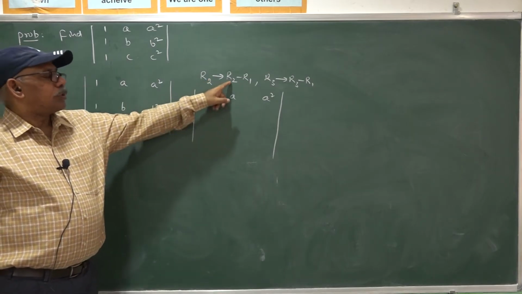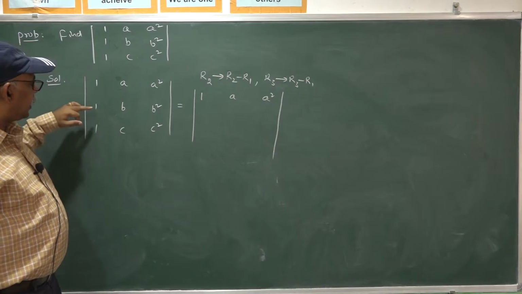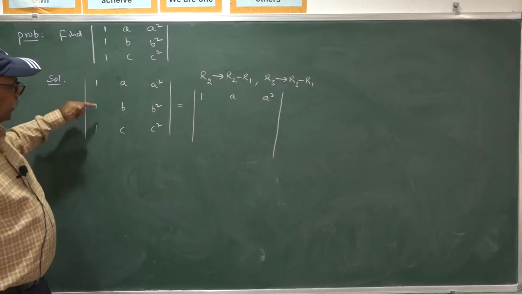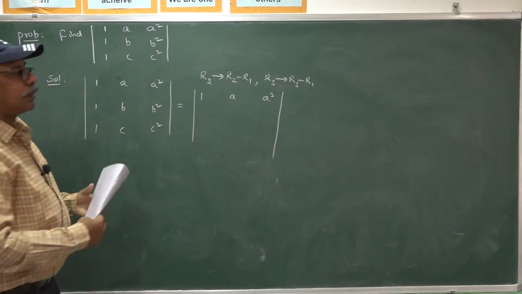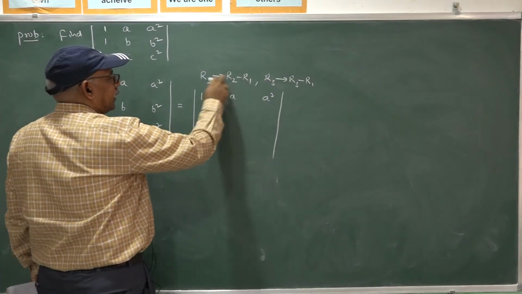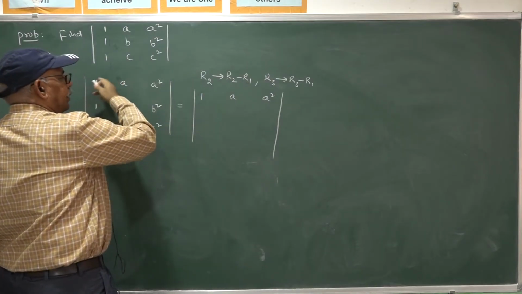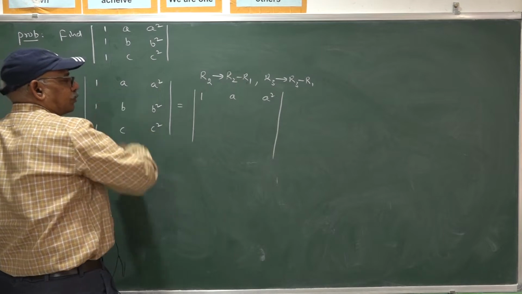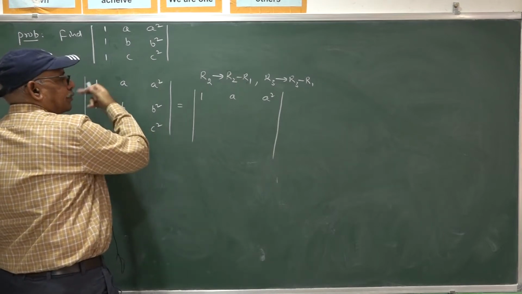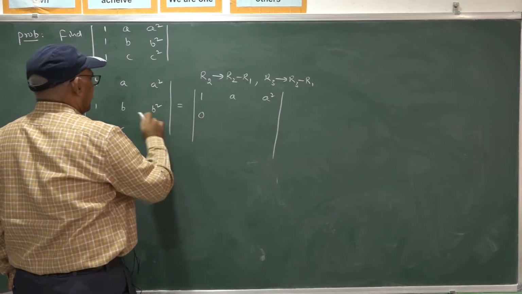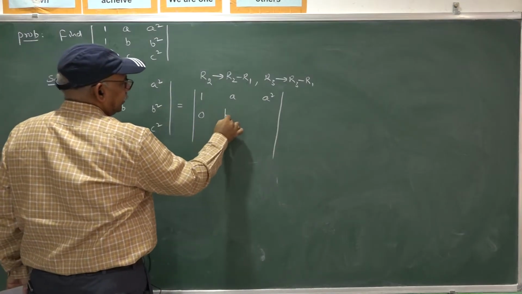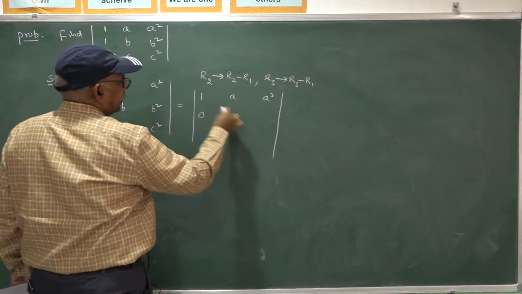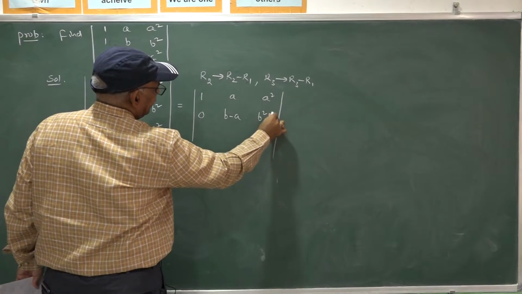Once R2 goes to R2 minus R1, subtract R1 elements from the corresponding elements of R2. That means 1 minus 1, 0; B minus A; this is B square minus A square.